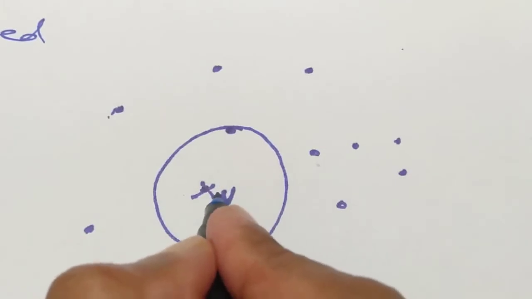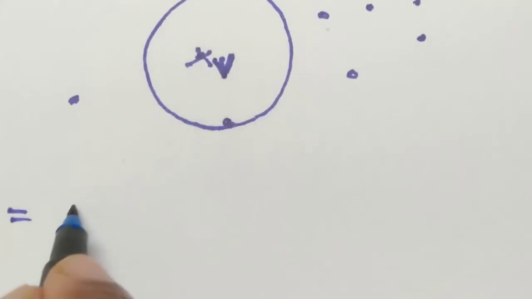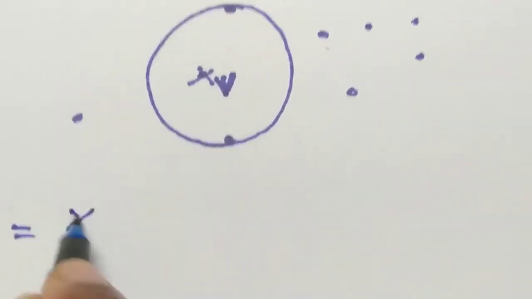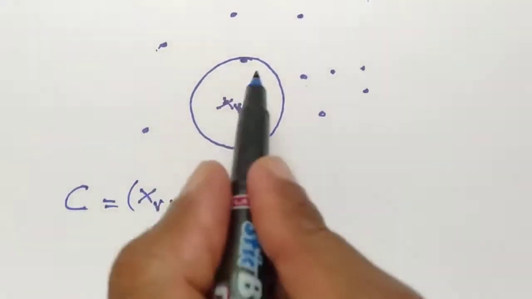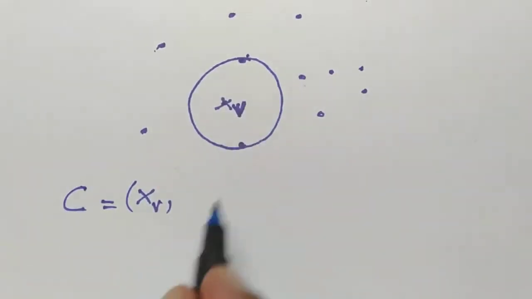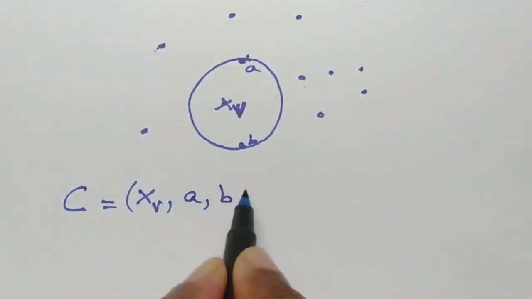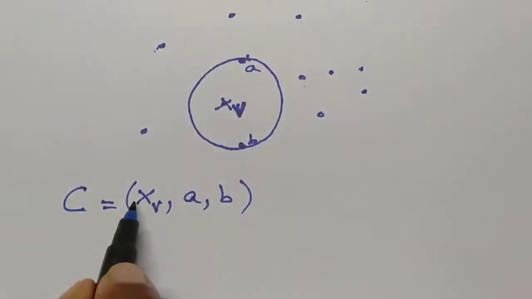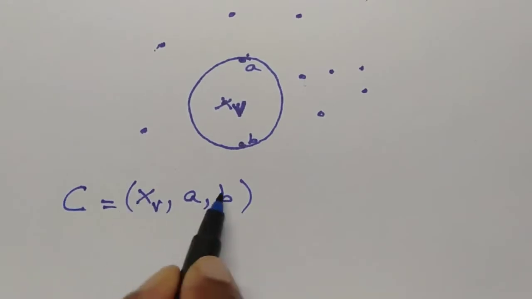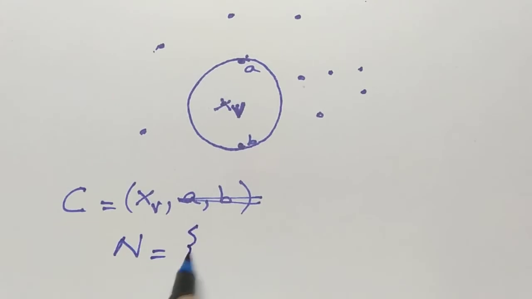So I have a cluster C beginning with this point, and all the points within its epsilon neighborhood are also added to this set. Say that I have A and I have B. This is also added, we are creating a cluster, and all of these values are put into another set N. N is equal to A comma B.